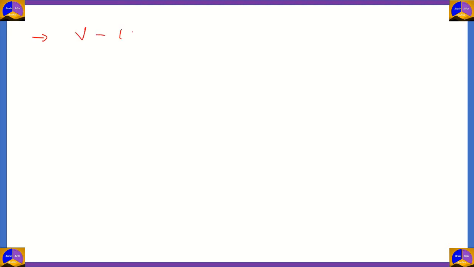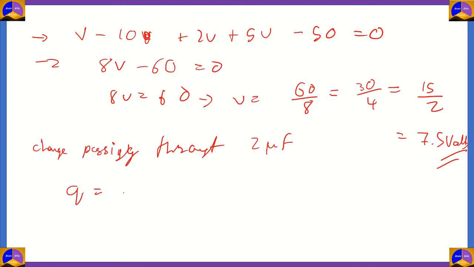Solving this, the charge is calculated as Q equals C times V. The charge in this case is the quantity that we need to find out, and the capacitance here is 2 microfarad, and then the voltage is 7.5 volts.